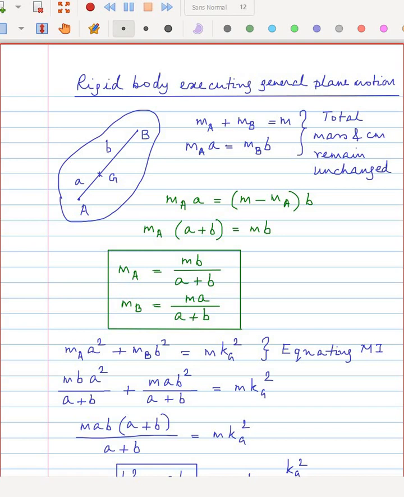Now A is a point on the rigid body and G is the center of mass of the rigid body, and if we extend the line AG up to point B, so that this AG is a and GB is b.